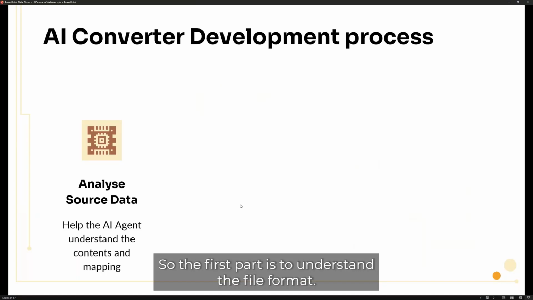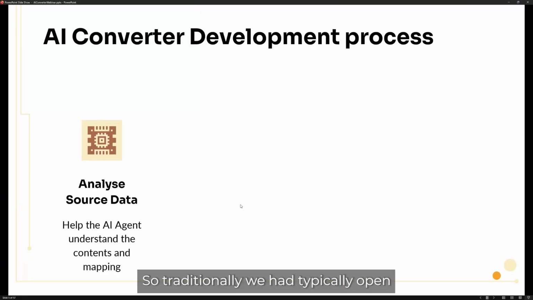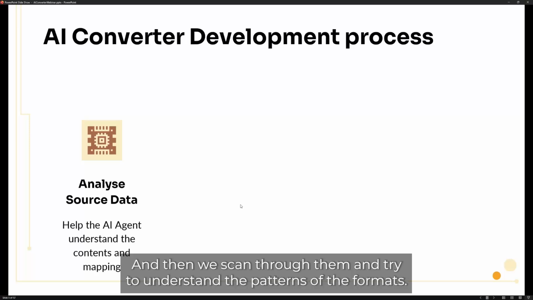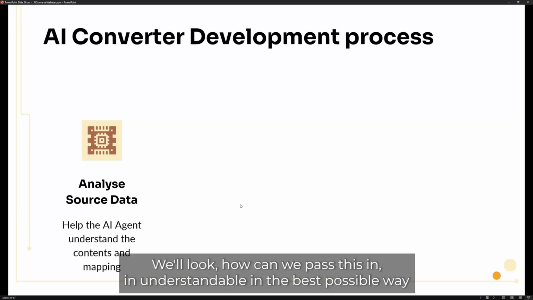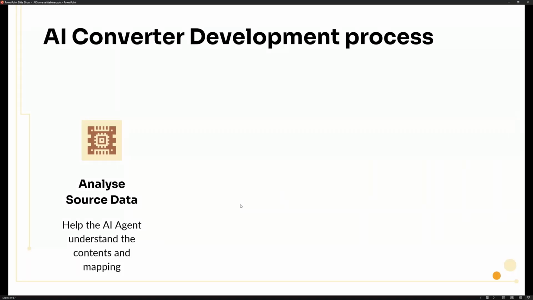So the first part is to understand the file format. So traditionally, we would typically open some samples of the source files, and then we scan through them and try to understand the patterns of the formats. How can we parse this in the best possible way?